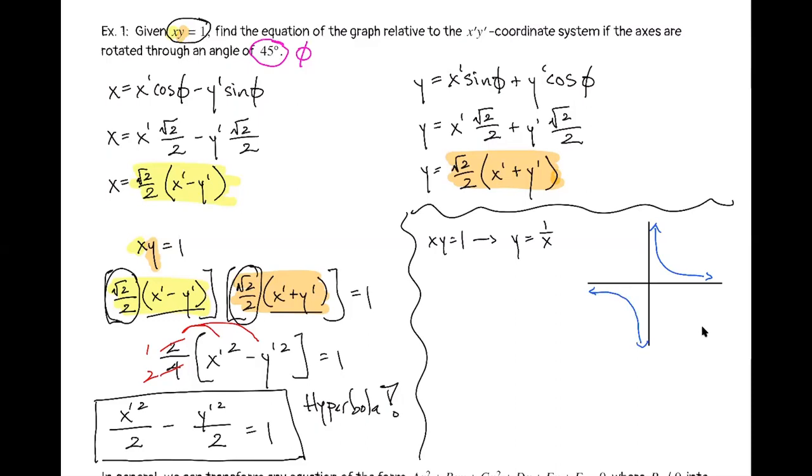But if I think about my hyperbola, that means the graph that I have, I actually rotated this 45 degrees. And now if you, I can't turn my, I can turn my tablet, but it won't turn on my screen. If you turn your head 45 degrees, you have a hyperbola in the x prime, y prime plane.